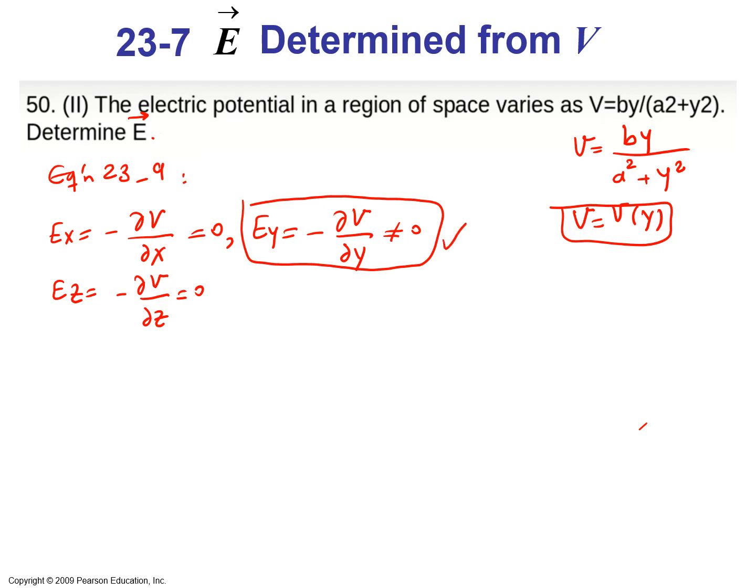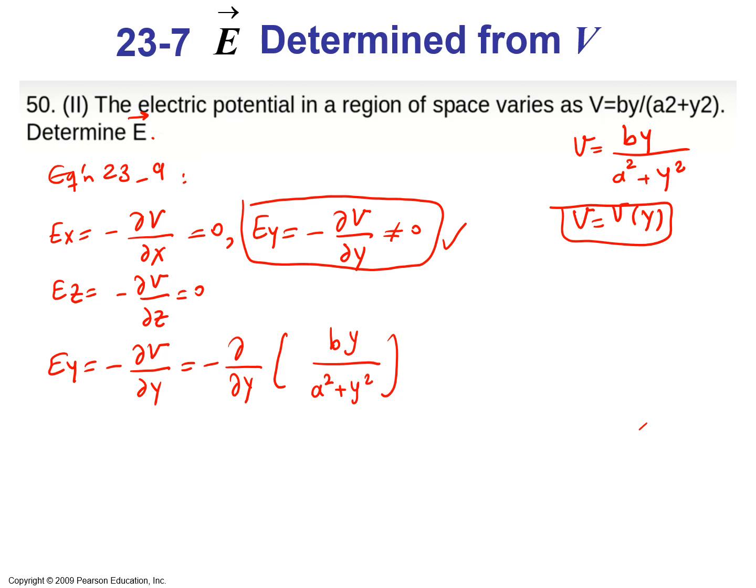Let's calculate this one. Ey is equal to minus partial V partial Y. Let's take a derivative of electric potential V with respect to Y. So we have minus the partial derivative of B, a constant, times Y divided by a squared plus y squared. So a and b are constants.